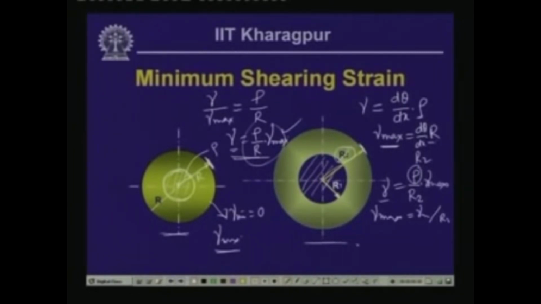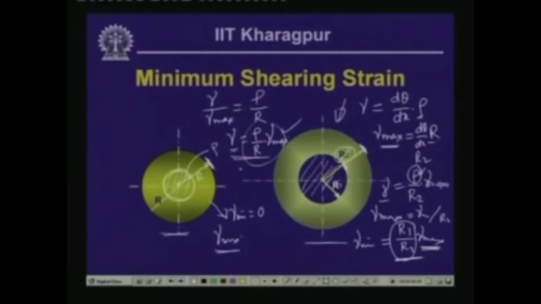So, the gamma minimum value in this case, where rho is equal to r1, is r1 divided by r2 times gamma max. In terms of the maximum strain at the periphery, we can compute the strain at this level, r1, in the ratio of the radii. So, r1 by r2 times gamma max is the minimum value of gamma in case of a tubular shaft.